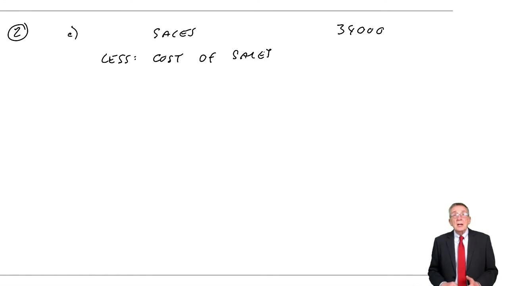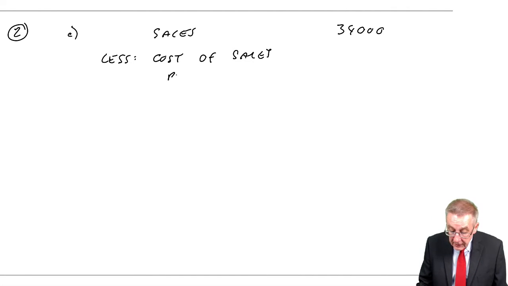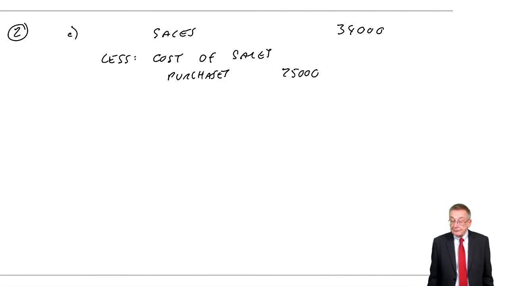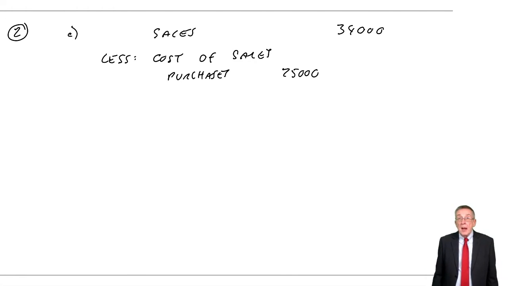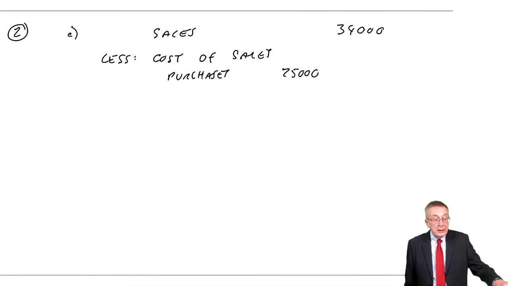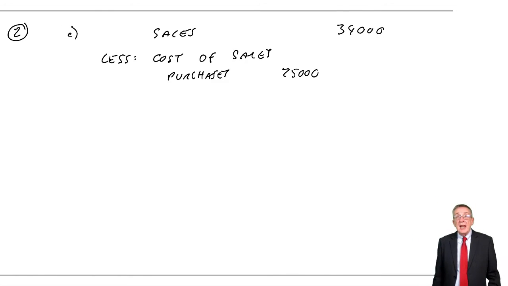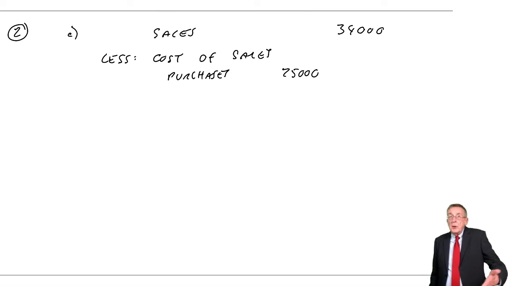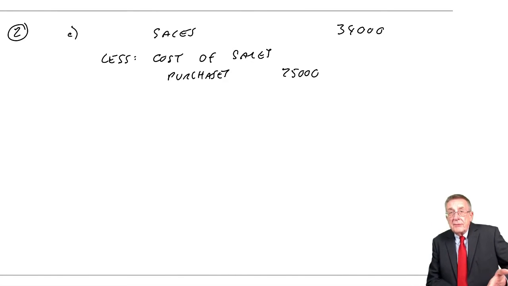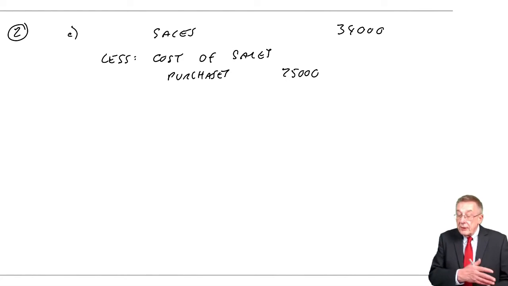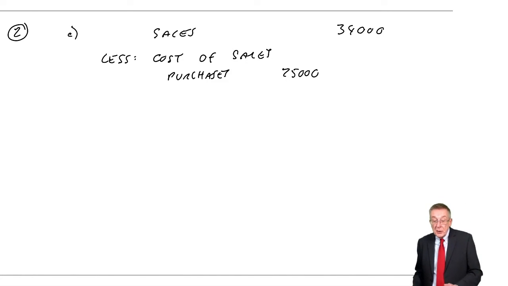Well, to get the cost of what we sold, we know what we bought, the purchases were 25,000, but that's the total cost of everything we bought. But here, not all of it was sold, because although we bought goods for 25, some of them were still left in inventory at the end. There were 4,000 left behind. And if you'd bought 25, and 4,000 of them weren't sold, only the remaining 21 were sold.